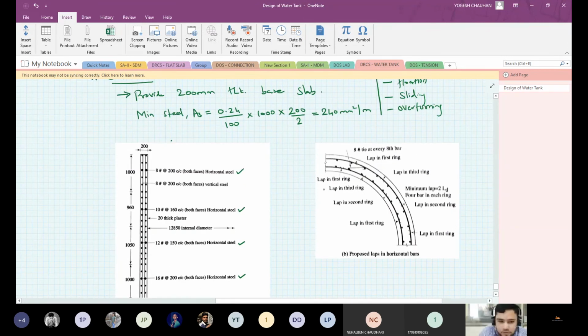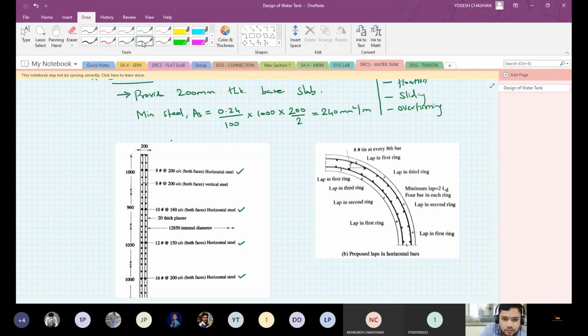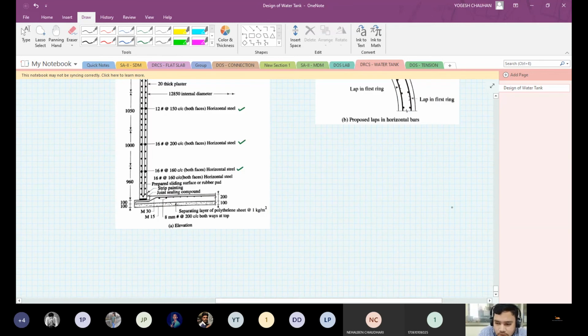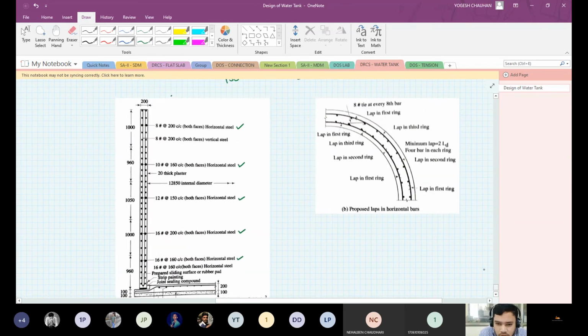Okay, now the vertical steel is throughout the same, that is 8 dia 200 center to center. You can see this vertical steel is all throughout the same.